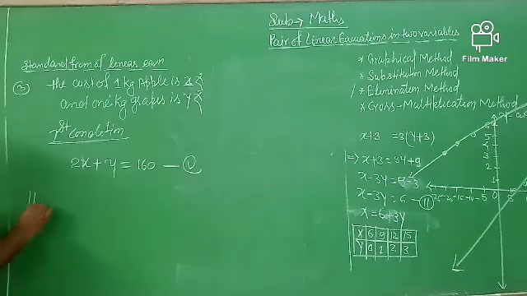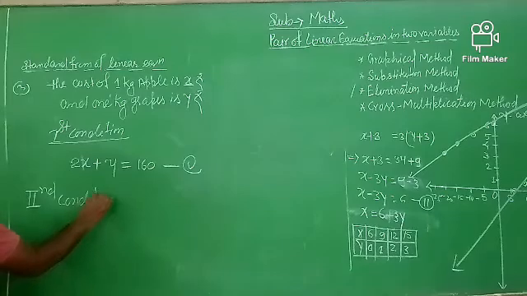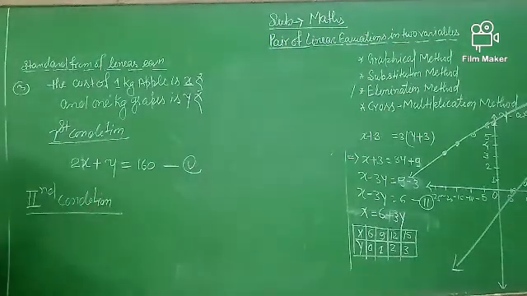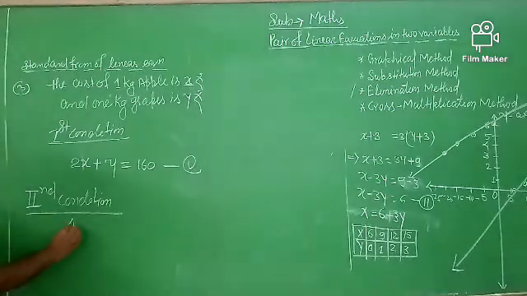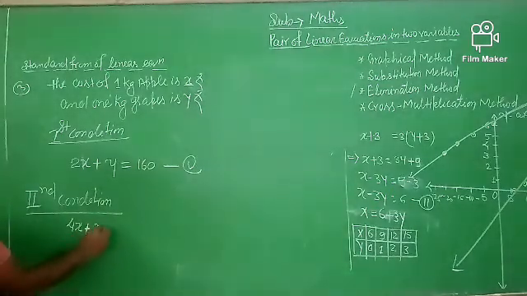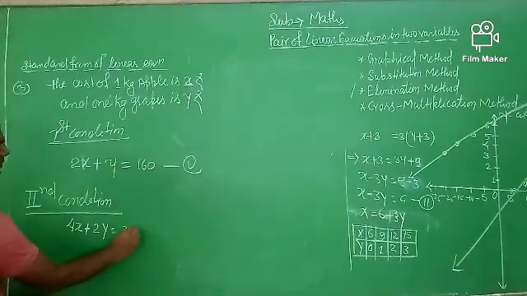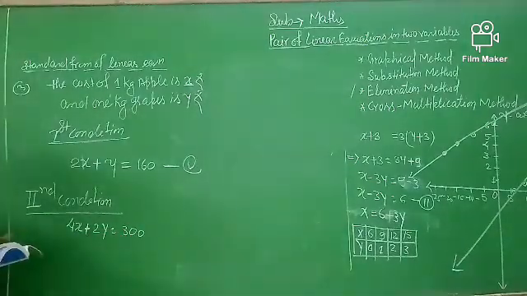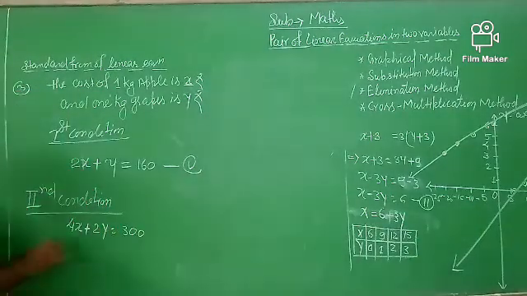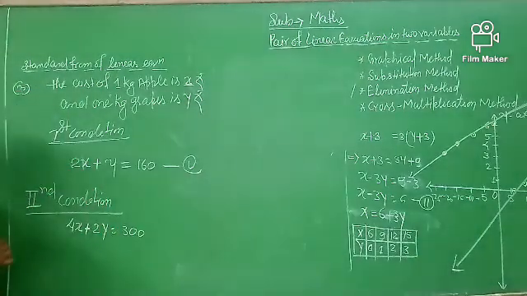In the second condition, the price of 4 kg apples means 4x, and 2 kg of grapes means 2y. This is equal to 300. So here you can see 4x plus 2y is equal to 300.